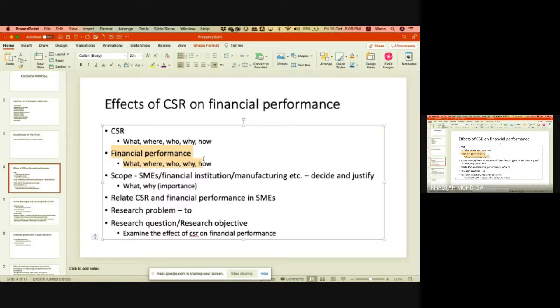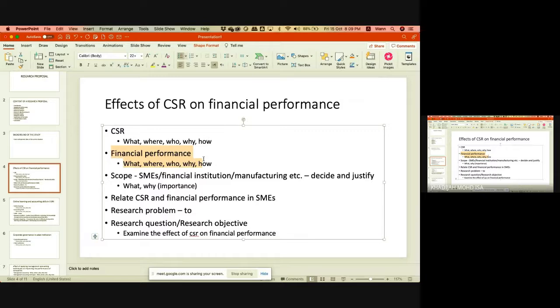For example, financial performance can be retrieved from the annual report of companies. So if you're talking about SME, it's difficult for you to get financial reports because they are not required by law to publish their annual report.